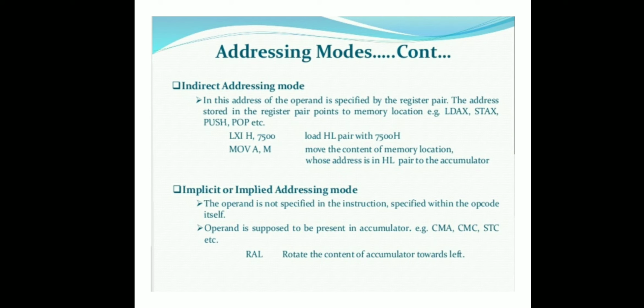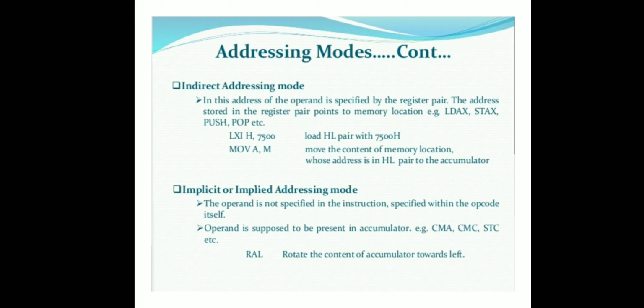Indirect addressing mode. In this addressing mode, the address of the operand is specified by the register pair, and the address is stored in a pair of registers. For example, LXI H, 7500.